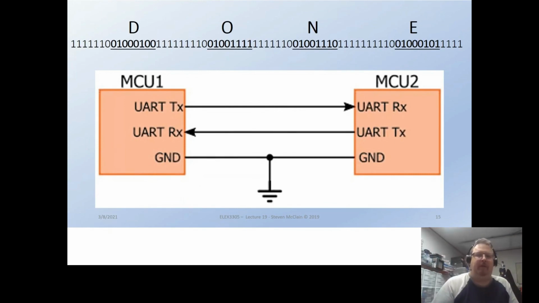But in order for this to work, the data is like 3 volts above ground, or if you're just doing straight off the chip, straight off of the MSP432 into another MSP432, these voltage levels are 3.3 volts relative to ground.